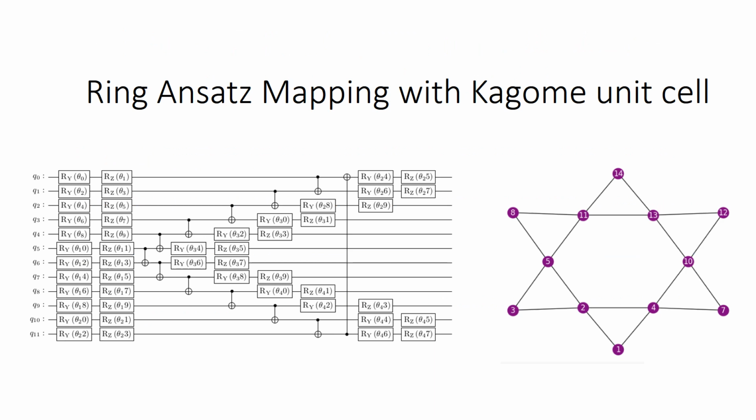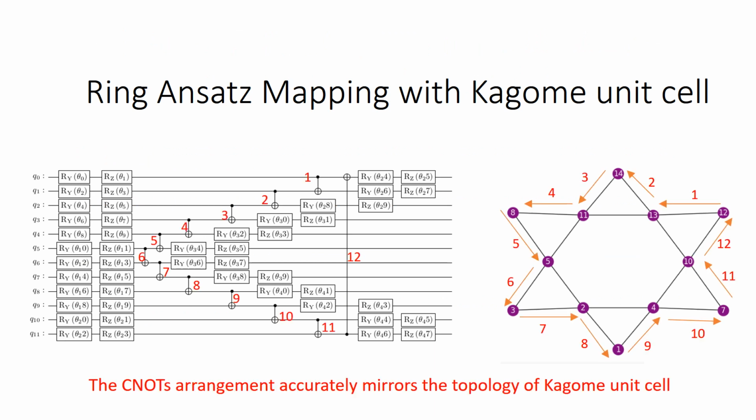The proposed ring ansatz accurately mirrors the topology of Kagome unit cells. So if we loop around the lattice sites and make a complete loop around the unit cell, we can see that in the circuit shown on the left, the CNOTs constituting the ring ansatz circuits also make a ring or a loop.